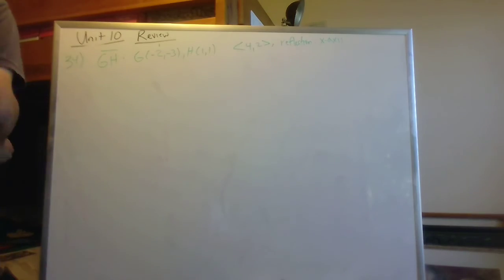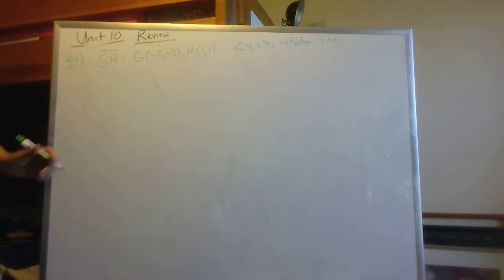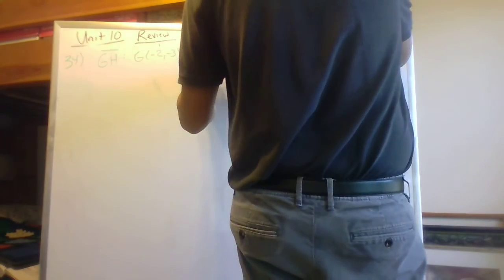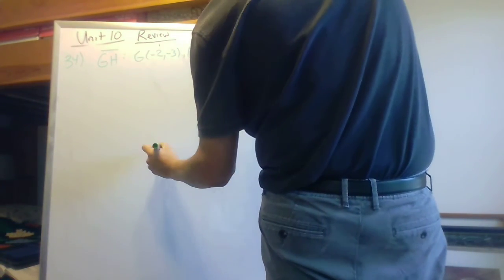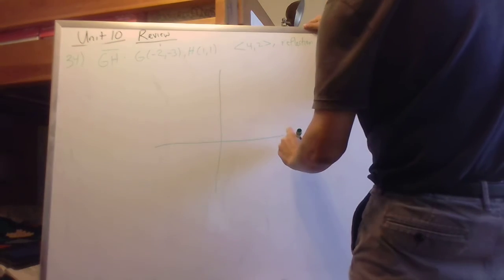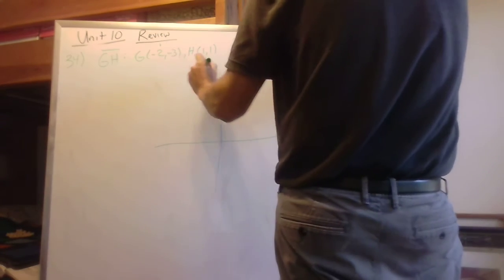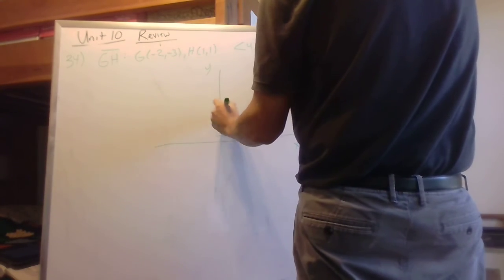So the first thing I want to do is graph segment GH. So I'm going to create an x and y axis.